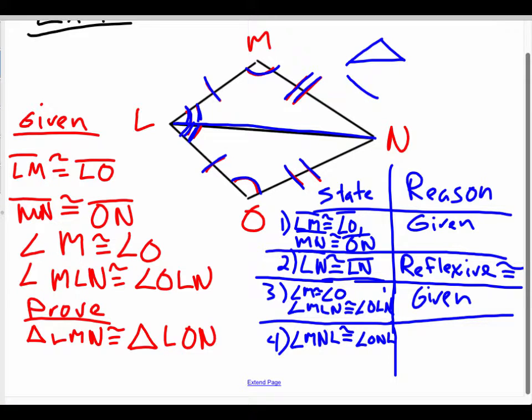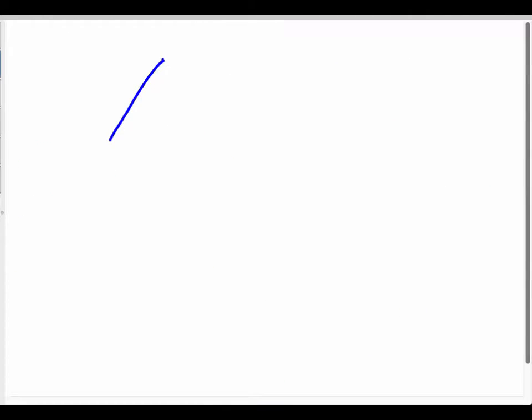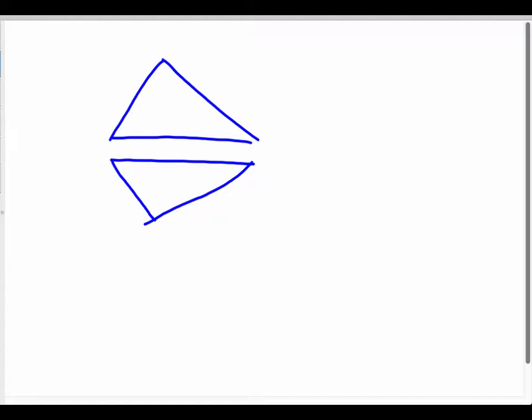Then I have a separate triangle that kind of looks like this. This is congruent to this. This is congruent to this. Now, I could write that angle, well, let's do it on another page. So I've got a triangle that looks like this, and I've got a triangle that looks like this. This angle is congruent to this angle is congruent to this angle, and so on and so forth.